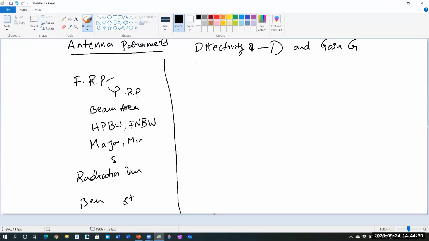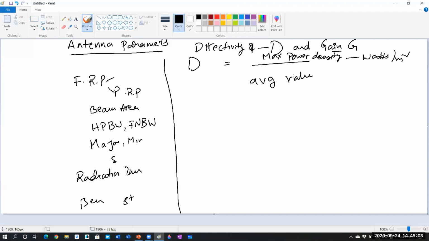So directivity D is defined as equal to the ratio of maximum power density, that is which was in watts per meter square, to the average value of a sphere which was observed in the far field of the antenna.